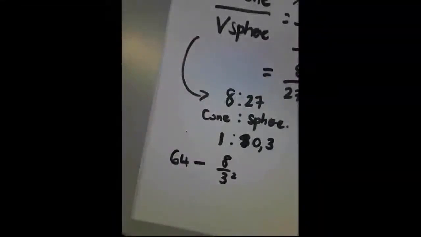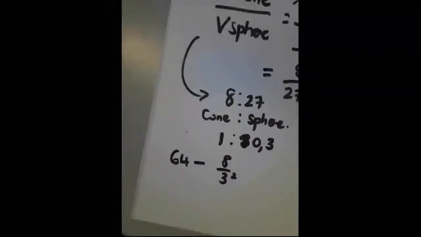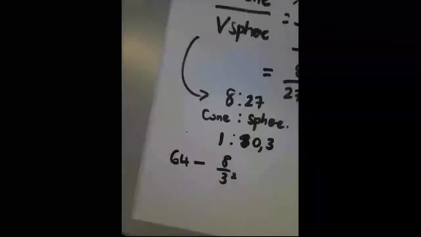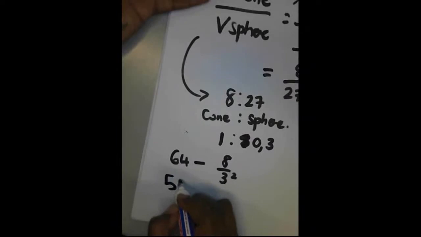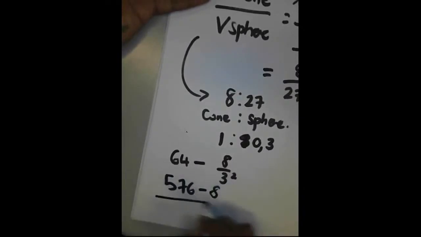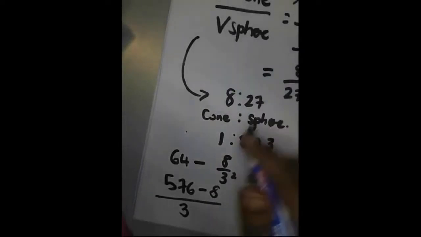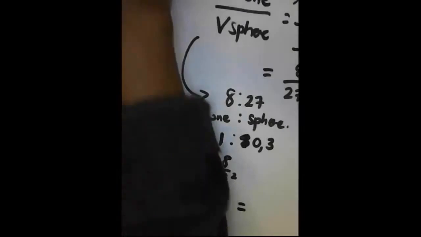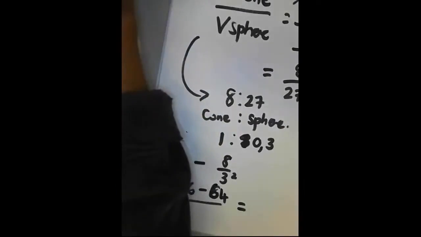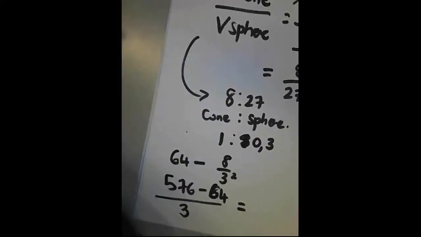Just to help this child out, we can just see what I get. 64 times 9 is 576, minus 8/3 squared, 64. 576 minus 64. 5.2, what have I got? 512.